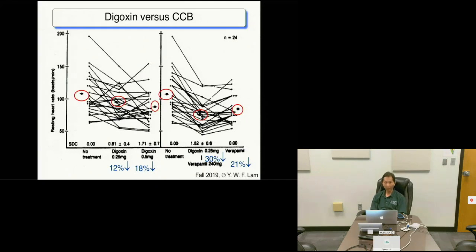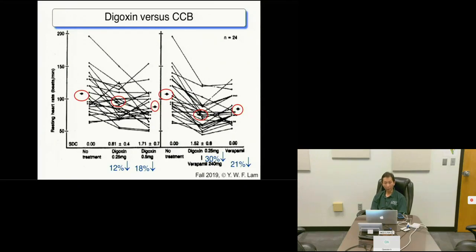You can see that giving the patient digoxin 0.25 milligram only results in approximately 12% reduction in the ventricular response rate. Doubling the dose of digoxin to about 0.5 milligram is really not that significant because it only reduced the ventricular response rate by about 18% or so.